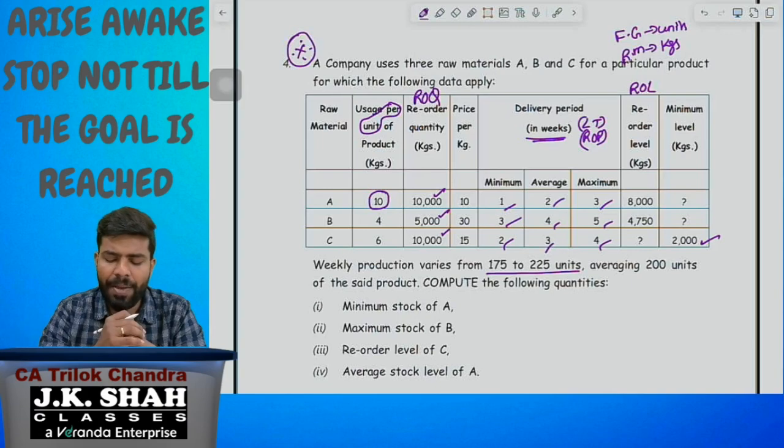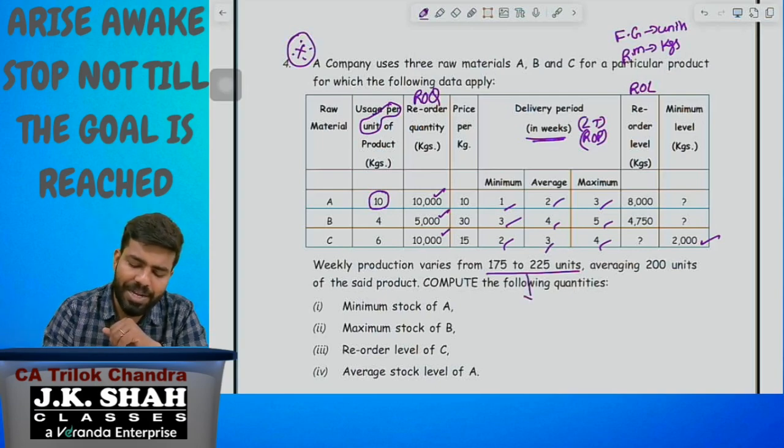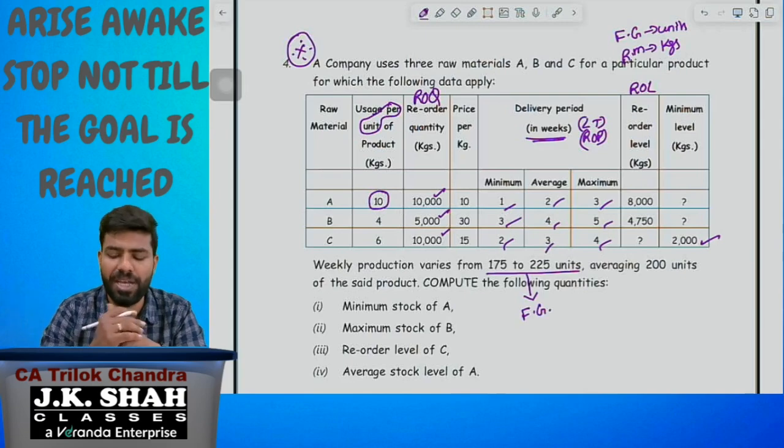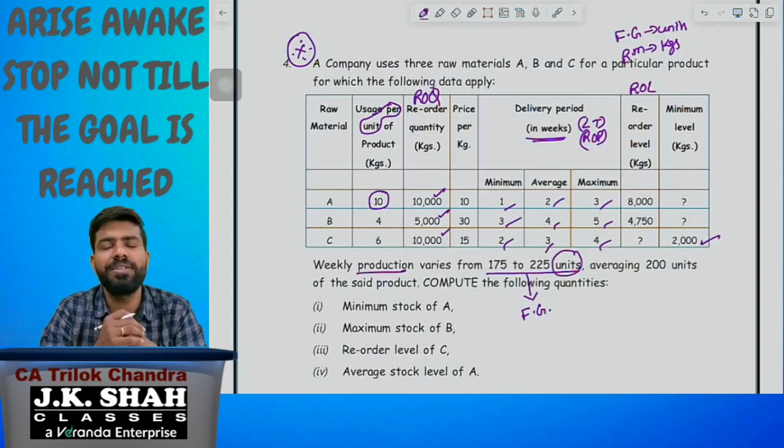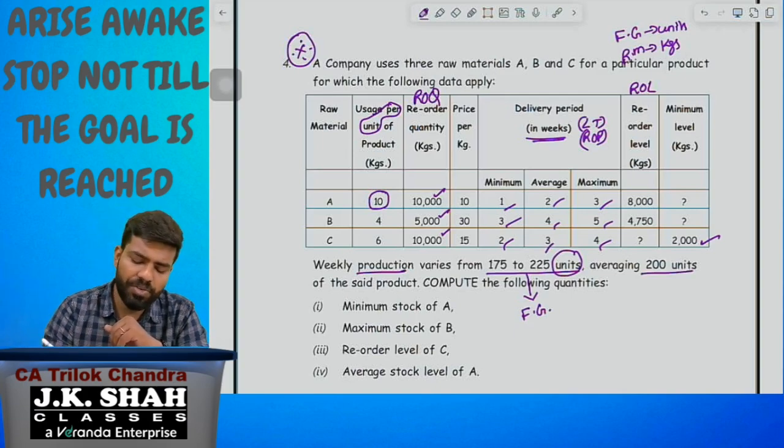Minimum production is 175 units. Maximum production is 225 units. Does this represent finished goods or raw material? This is about finished goods. Please be careful. Average is 200 units, which is also the finished goods of the said product.